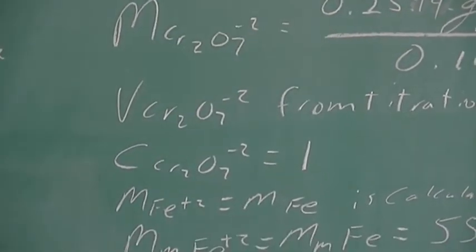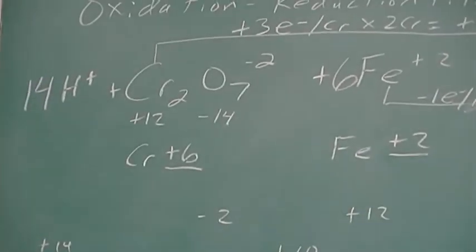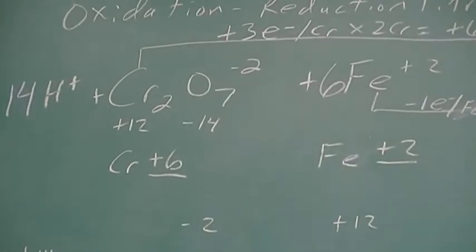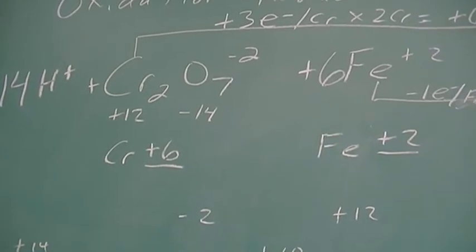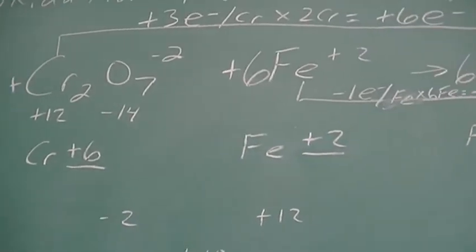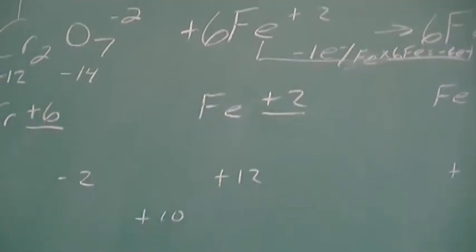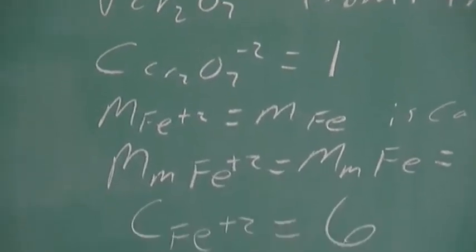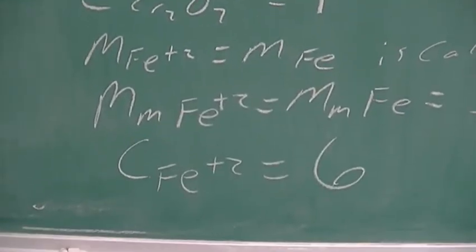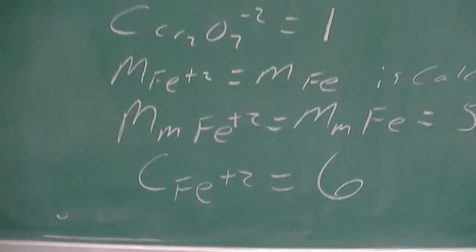And your coefficient for your dichromate in our balanced chemical reaction is 1. There's a 1 in front of the dichromate. Now, when you look on the right, the coefficient of your iron is a 6.